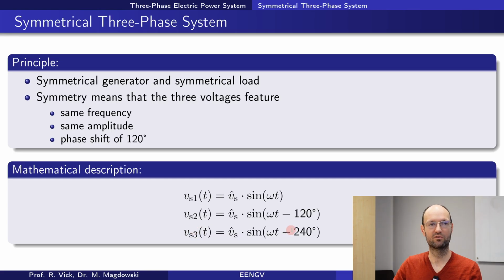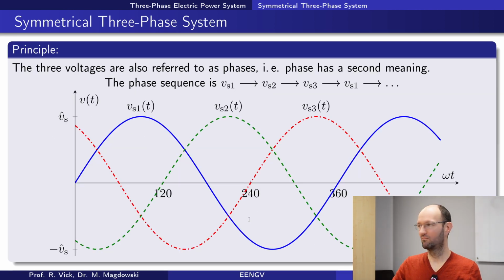The third voltage is phase shifted by minus 240. If we plot this, it looks like this.